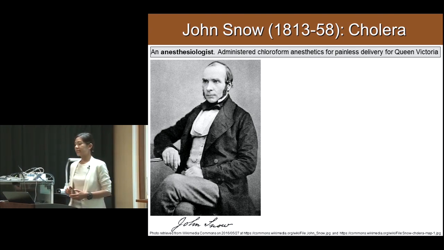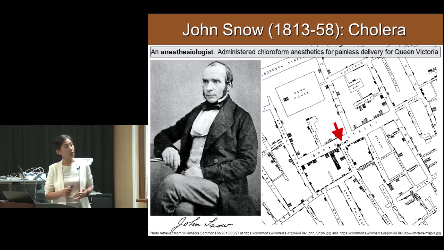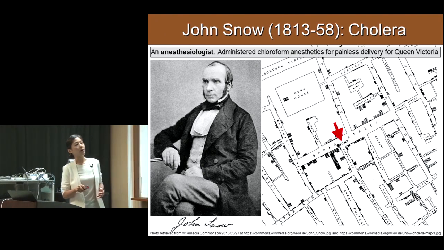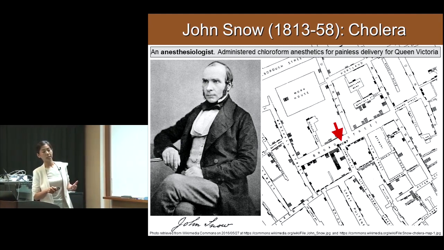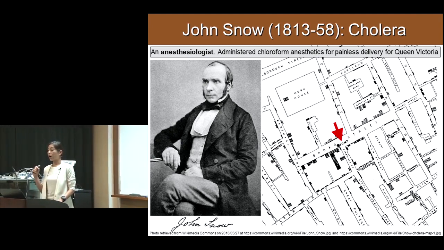John Snow examined the neighborhood where there was the ongoing outbreak of cholera to look for the underlying theme that linked these people together. So this is the map of the Broad Street, and he noticed that almost all cases of cholera occurred close to this pump in the middle of the street.